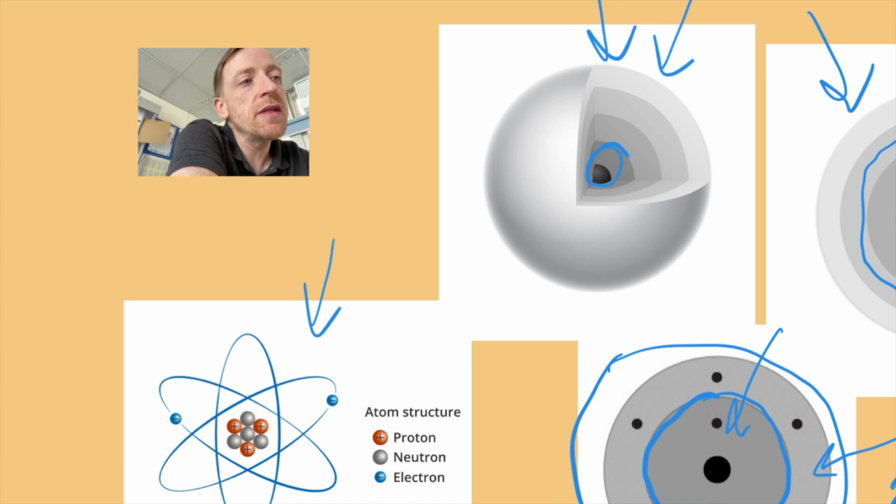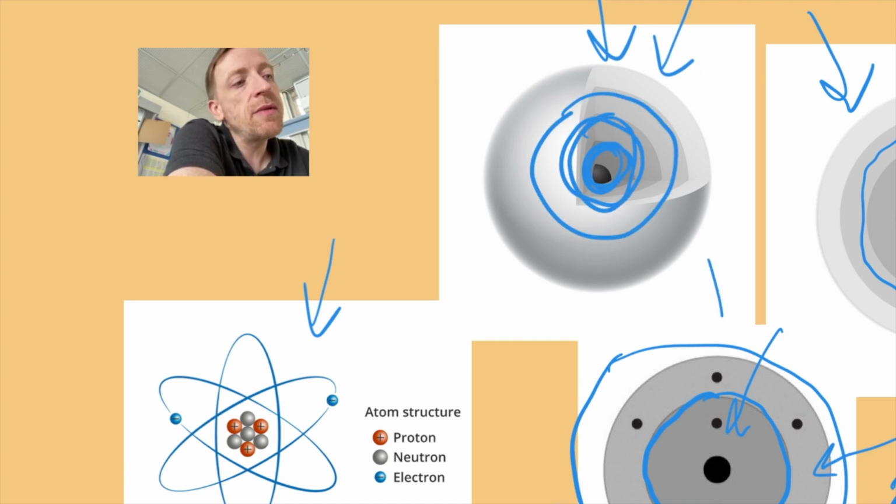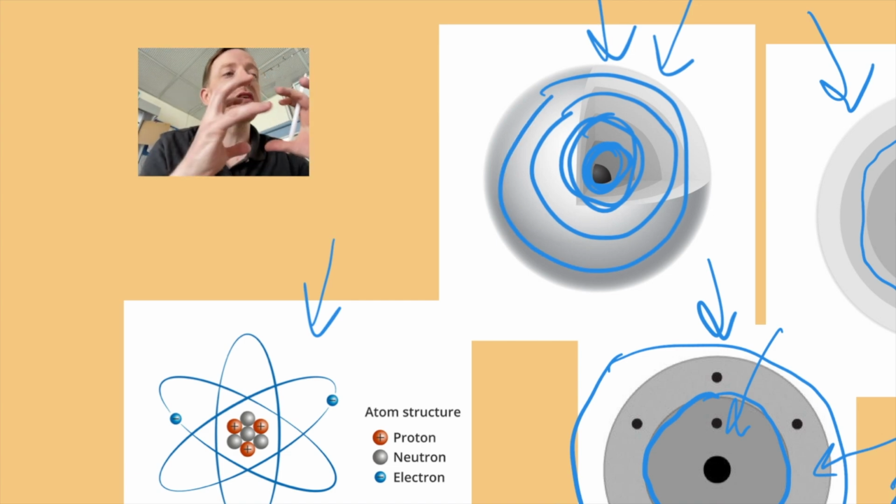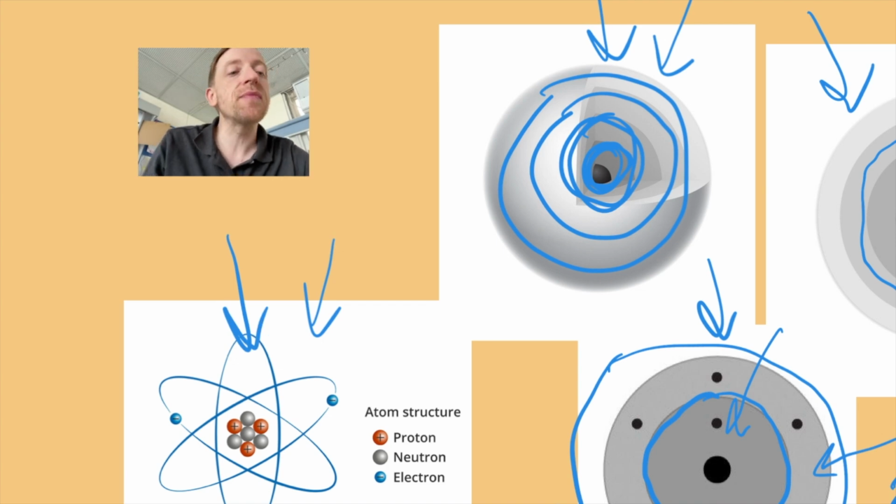So when we talk about these energy levels, even though we see them as a flat, two-dimensional surface, they're actually three-dimensional. You can think of it more as a sphere, and the way the electrons are moving is sort of all over the place. It's not just up and down or left and right.